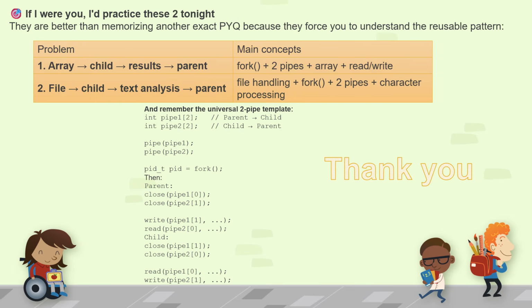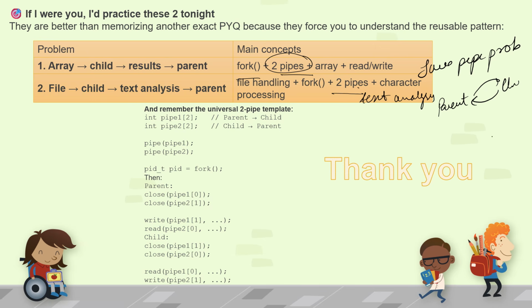Now, if I were you, I would have definitely practiced these 4 plus 2 pipes. One is the 2 pipe problem, and one is an extension of that in text analysis, where, whenever there's a parent-child two-way conversation, you always draw this diagram.